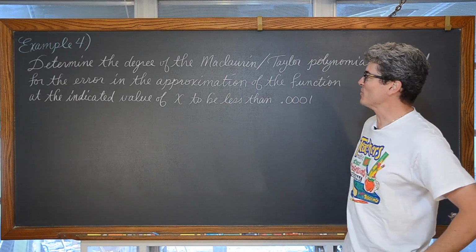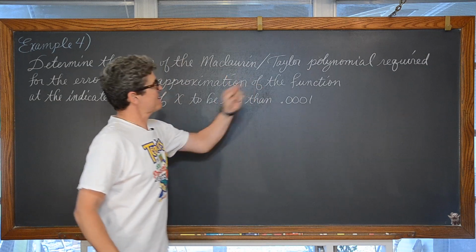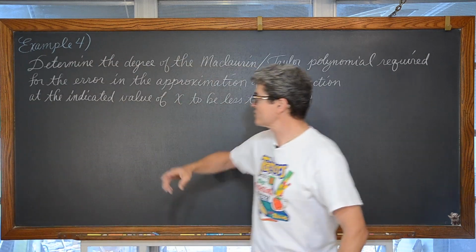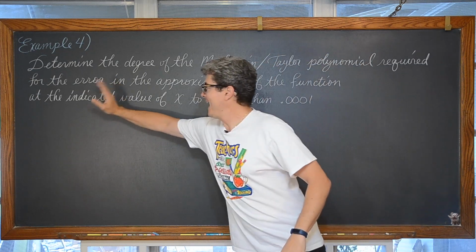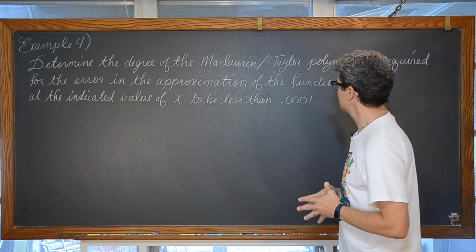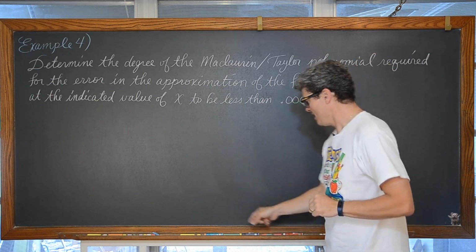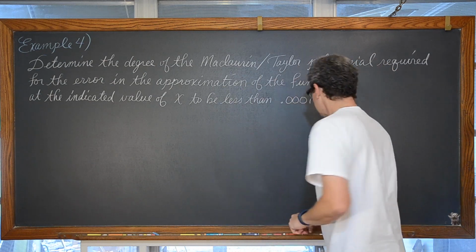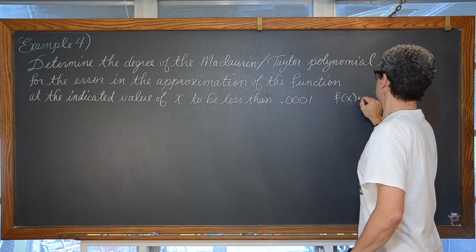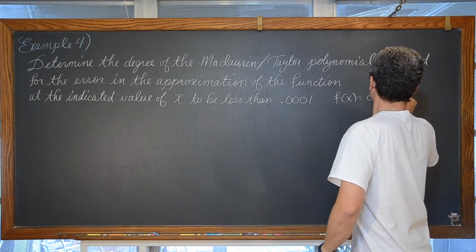So we're going to determine the degree of the Maclaurin/Taylor polynomial required for the error in the approximation of the function, that cosine function, at the indicated value of x to be less than 0.0001. So again, we're building this whole lesson around f of x equal to the cosine of x.